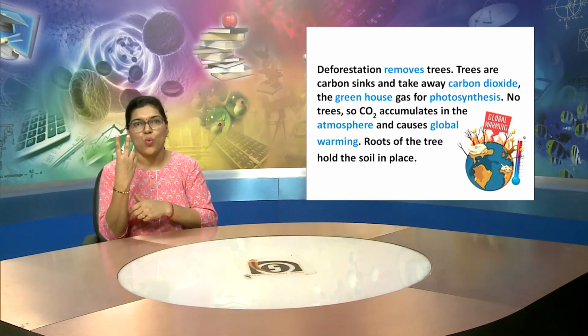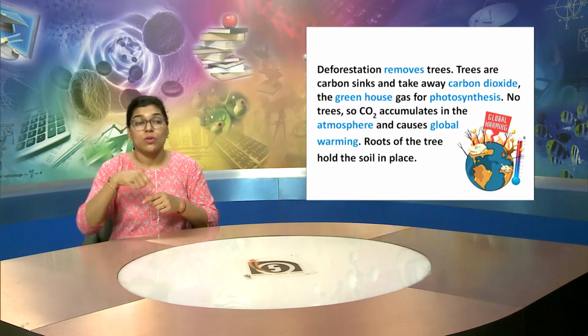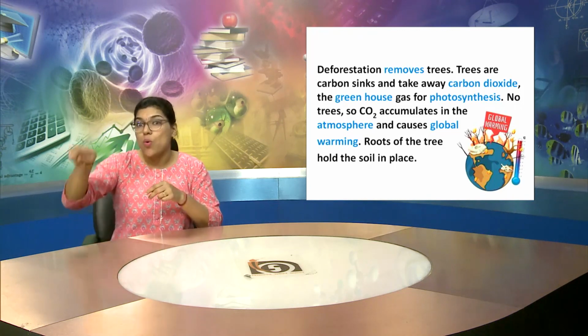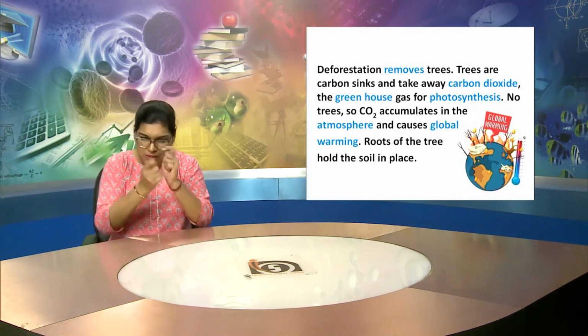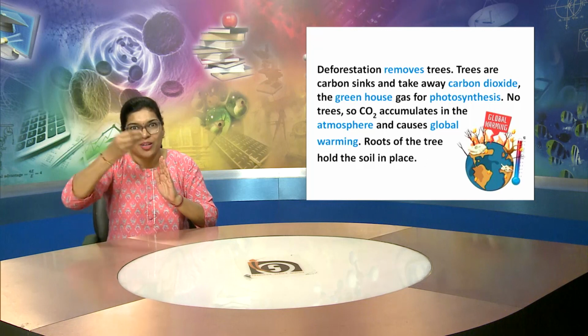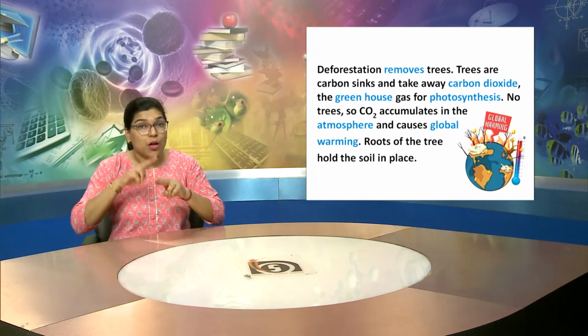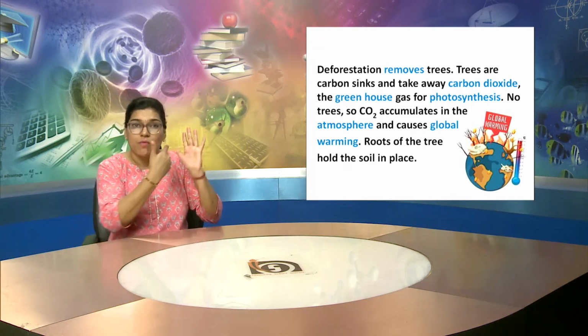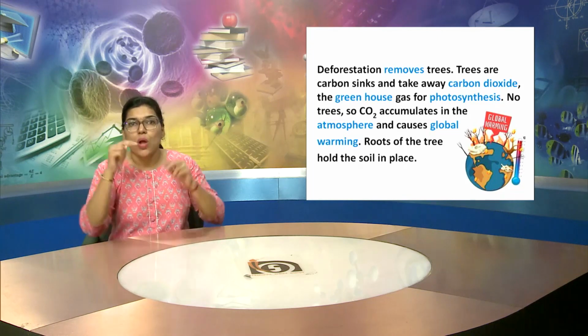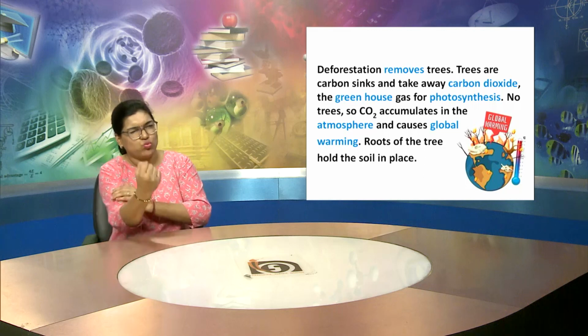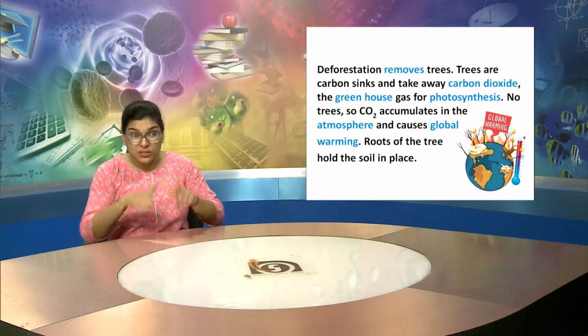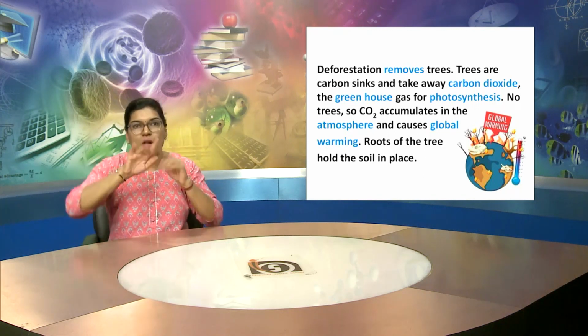And we know that trees are carbon sinkers, as they take away carbon dioxide, the greenhouse gas, for photosynthesis. So, if there are no trees, then carbon dioxide will get accumulated in the atmosphere and it will cause global warming.